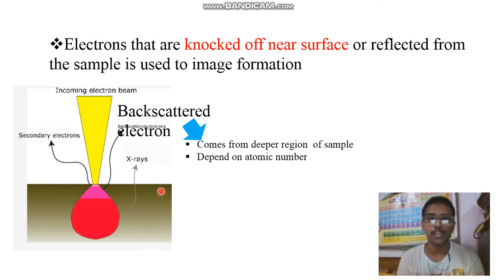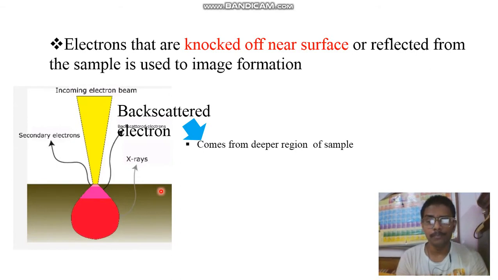This will change the scattering pattern of the electrons. The backscattered electrons from chlorine and from carbon will be different, and that will make a difference in your image. Maybe one will be darker or brighter, another will be less dark or less bright. That will be reflected in your image. So backscattered electrons contribute directly to the image formation, and this gives some information from quite deeper than the surface.